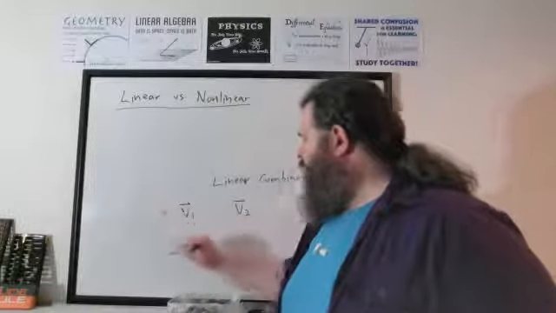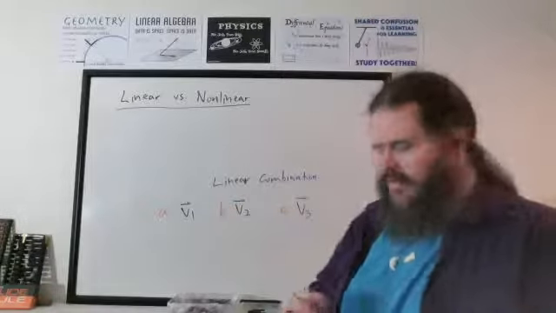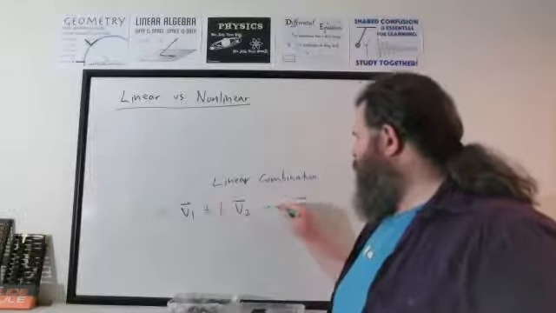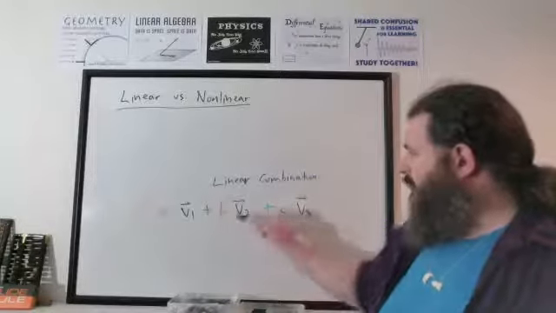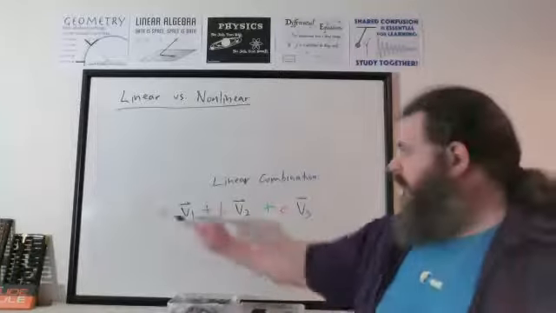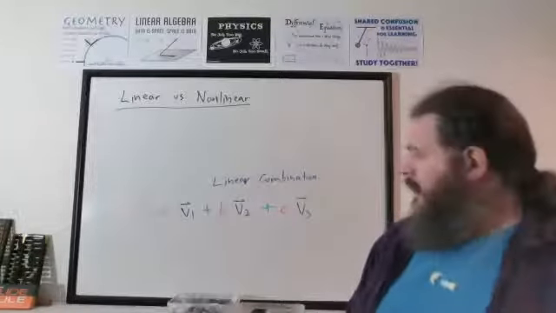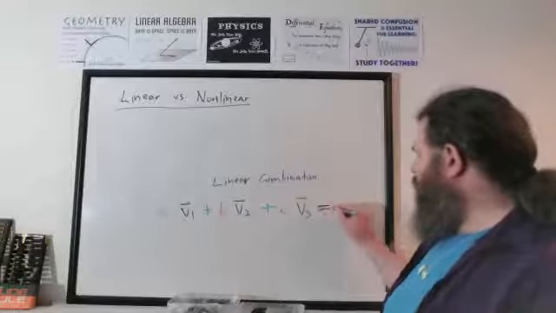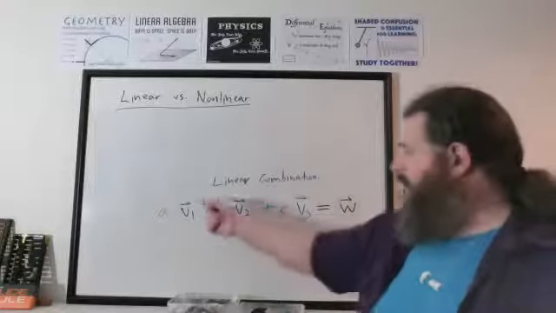Yeah, we could have a scalar multiplier, a times this one, b times this one, c times this one, and then all added together. So this would be a linear combination. We'd say that a linear combination of v1, v2, v3 is essentially any result you can get by multiplying each one of those vectors by a scalar, maybe just a real number, and adding up those results. So that would be a linear combination, maybe a new vector we might call w. In that case, we'd say w is a linear combination of v1, v2, and v3.